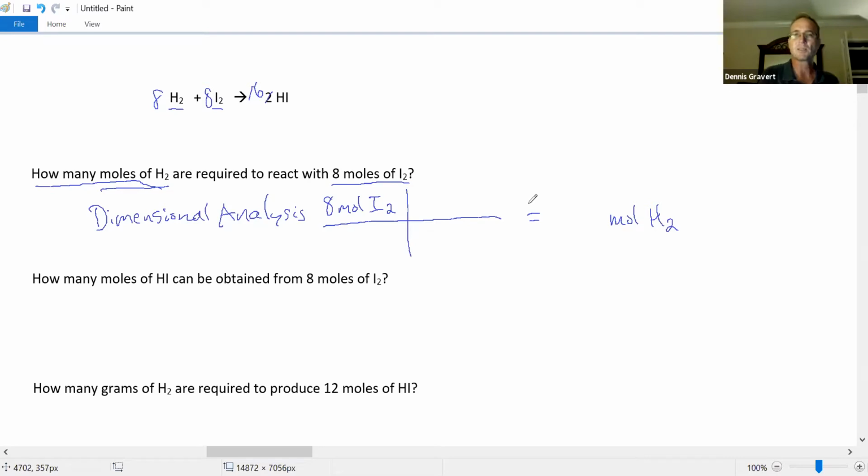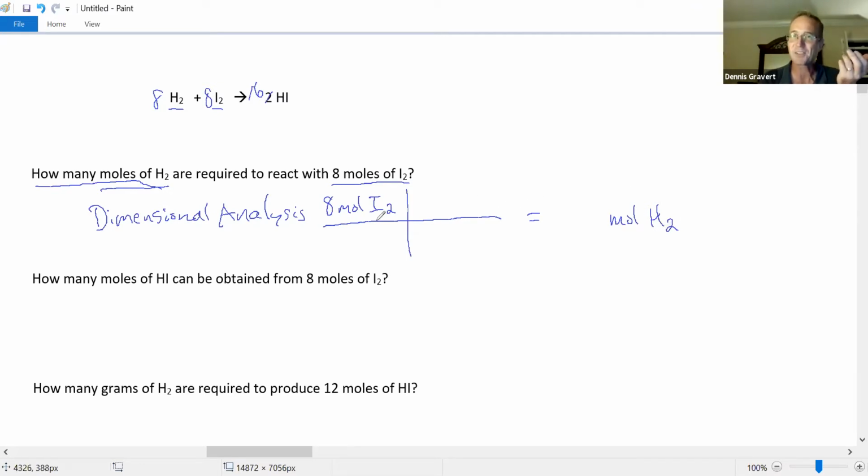Well, when you do these calculations with chemical equations, you really have 2 units. This 8 has the units of moles, but this 8 is also talking about iodine, I2. But on the answer side over here, we have moles, but of hydrogen gas, H2.